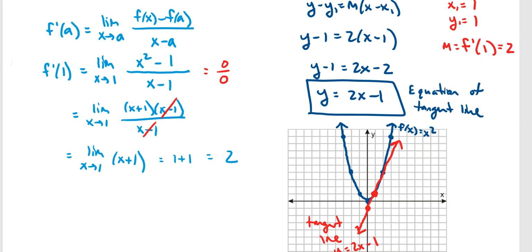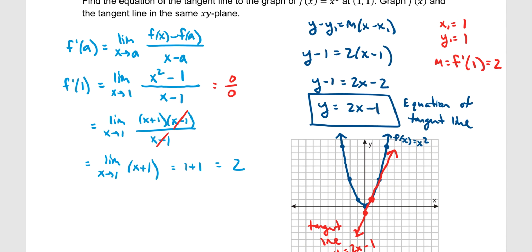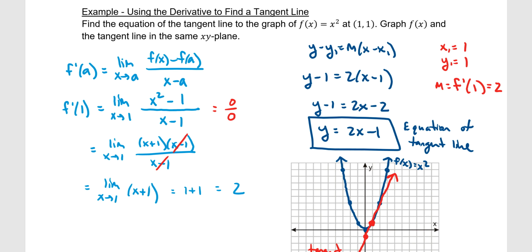Before we move on though, you probably notice when we're solving these, since I use the same function here, once you get everything plugged in here, and when you're simplifying this version of this little formula, the way that you do it is different depending on what type of function it is. If your original function is a polynomial, which this one is, x squared is a quadratic polynomial, then usually you have to factor and cancel common factors in order to simplify it.